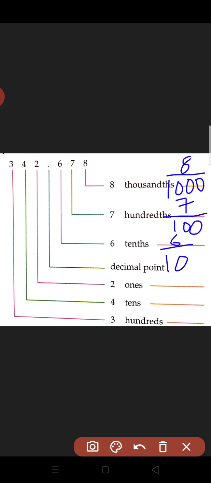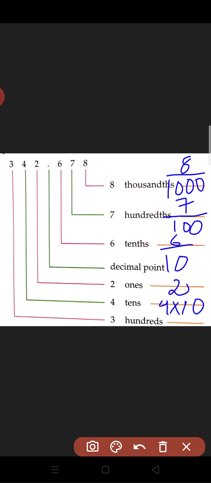Next, move to the whole number part, that is 342. Here 2 is at the ones place. So the place value of 2 is 2 only. And 4 is at the tens place. The place value of 4 is 40, which means 4 into 10, nothing but 40.